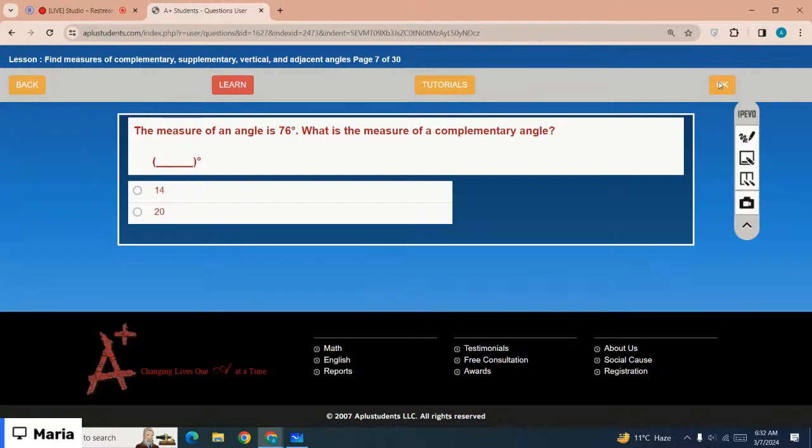The correct option is 14 degrees. Okay, you can complete the lesson by yourself later today. Let me just move on to the next lesson.